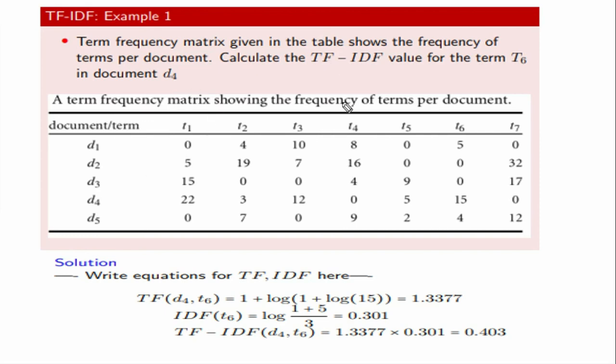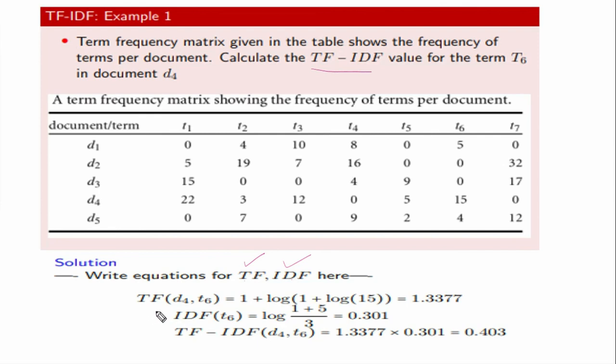So this is the frequency matrix which is given to you. Now this problem is to calculate TF-IDF. For that you have to calculate TF and IDF, and the TF and IDF values are multiplied together to get TF-IDF.